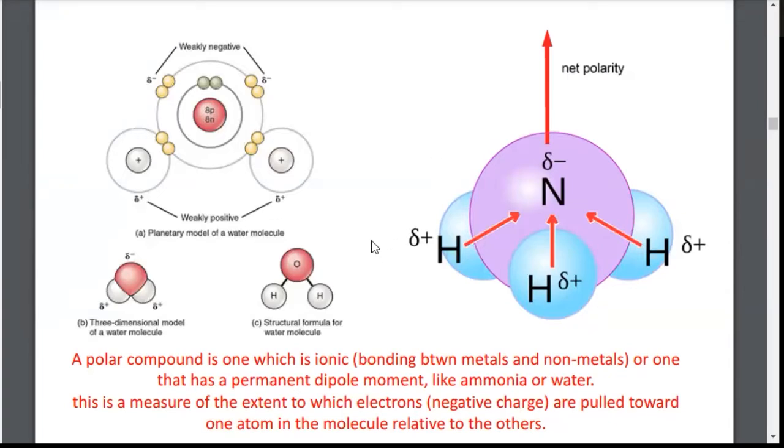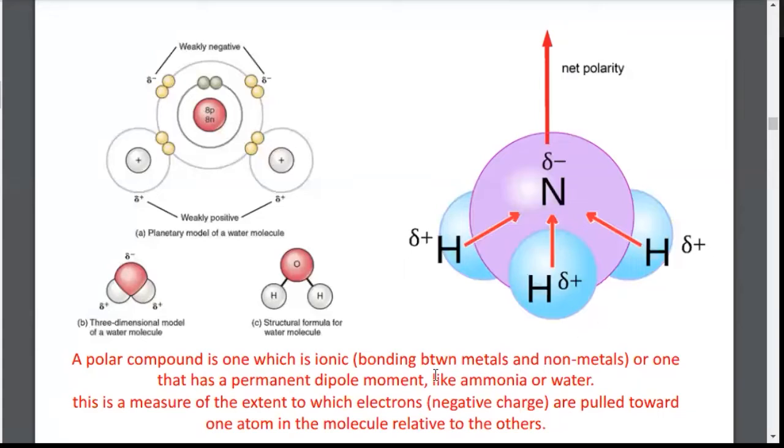polar compound. So what we have then is this idea of what's called a polar compound, and what this means is a polar compound is one which is ionic, which really just means bonding between metals and non-metals, or one that has a permanent dipole moment, like ammonia and water. I'm going to come to what some of these words mean in a minute.